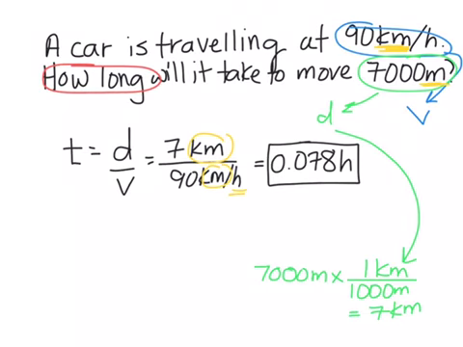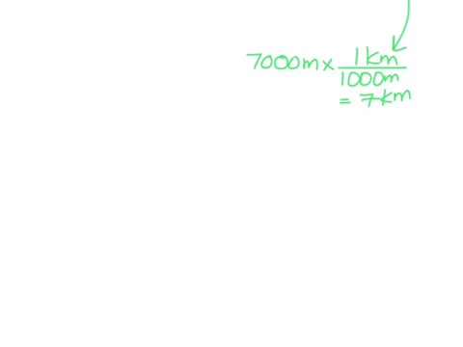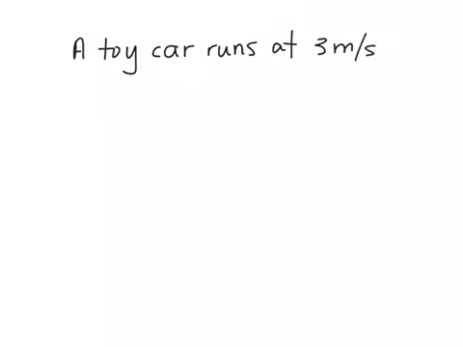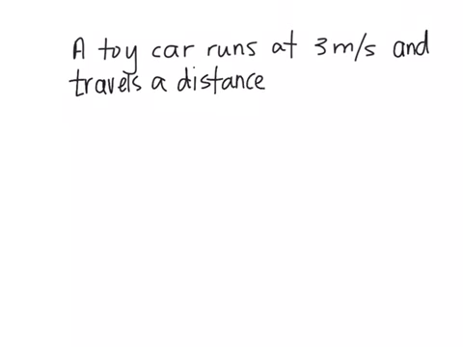Okay, so we're going to do one more type of question. A toy car runs at 3 meters per second and travels a distance of 2.6 kilometers.